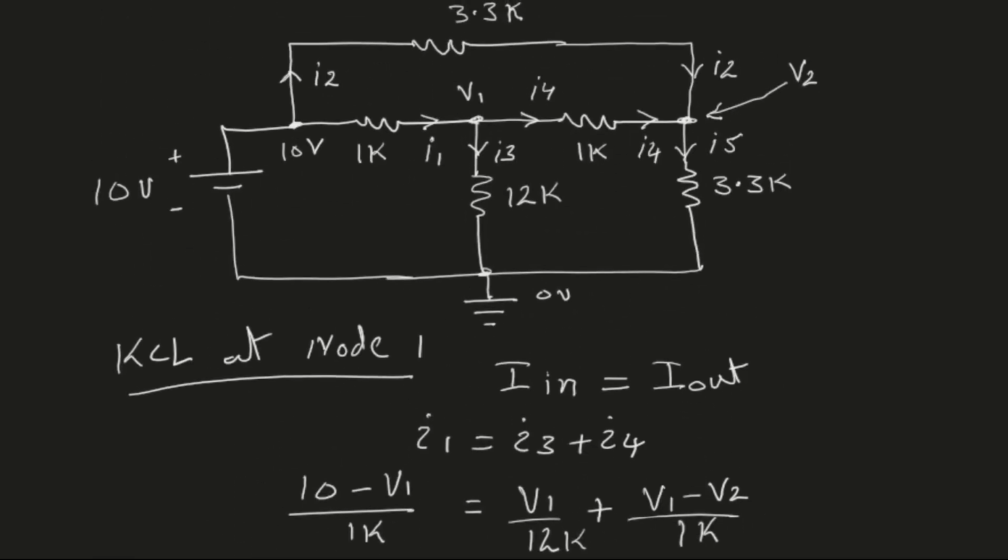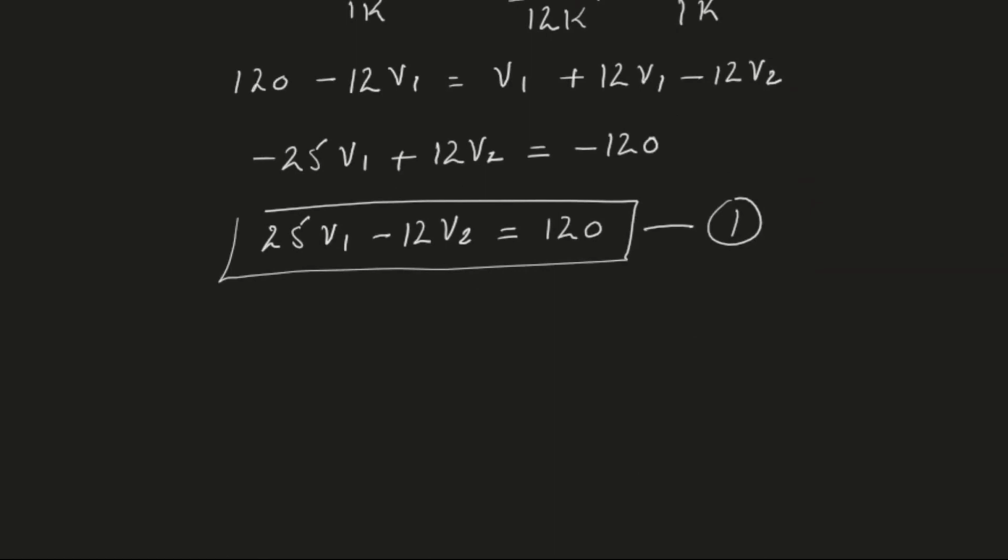We have discussed nodal analysis in detail in our previous videos, so if you are confused about the directions of the current and the way we have written the currents in terms of the voltages, please watch our previous video on nodal analysis. Now let's apply KCL to node 2.